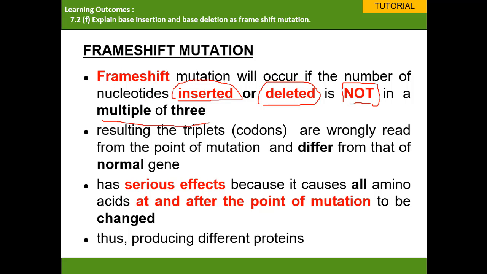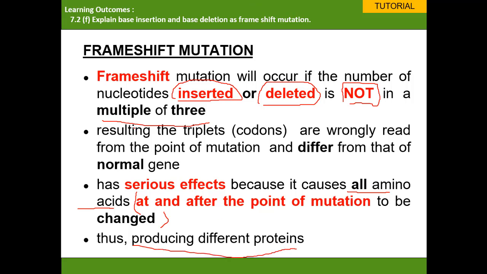So, if the number of nucleotides inserted or deleted is not a multiple of 3, it will result in the triplets or the codons being wrongly read from the point of mutation and differing from those of the normal gene. Frame shift mutation has a serious effect because it causes all amino acids at and after the point of mutation to be changed, and thus produces different proteins.